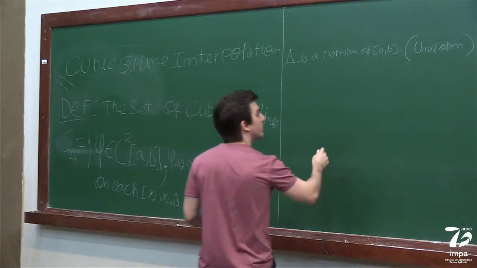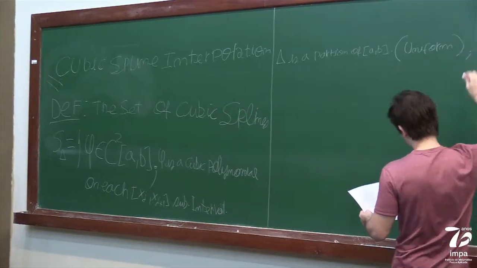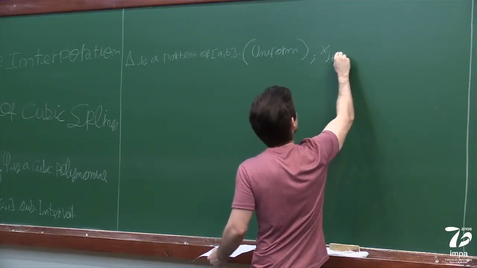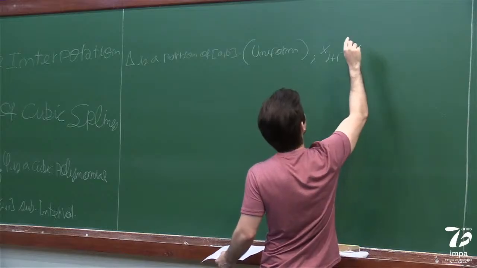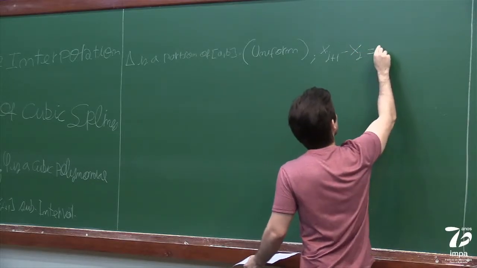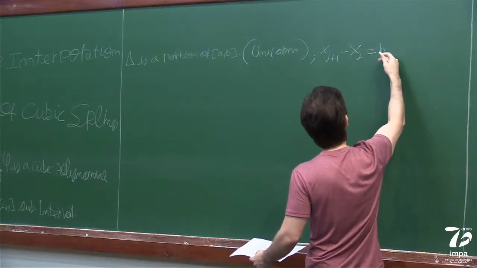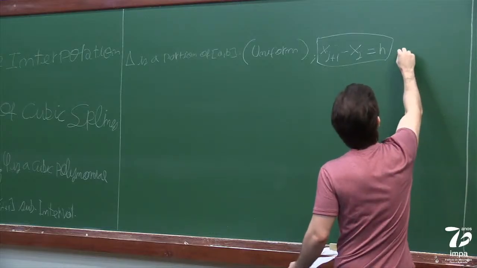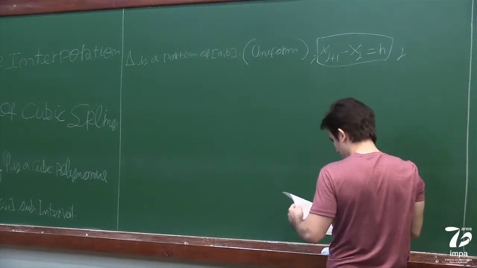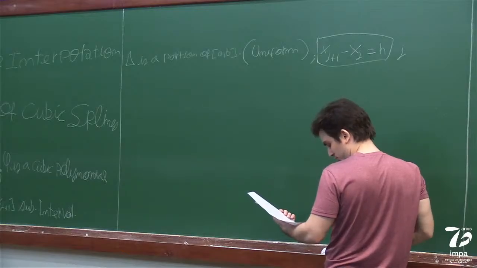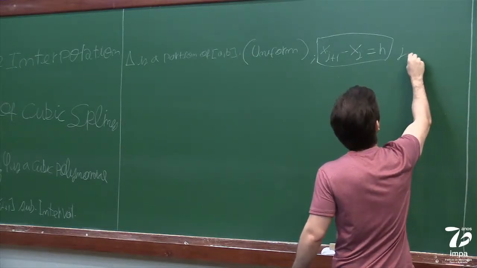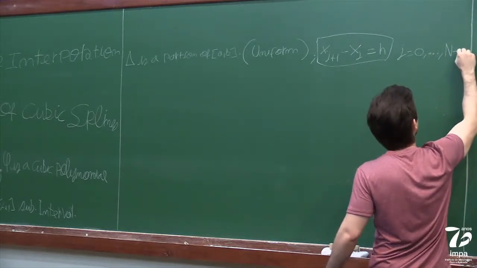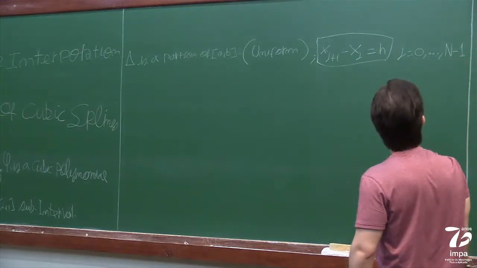Uniform, let's say xj plus 1 minus xj is always equal some given h, okay? So this is what it means by uniform. And j is varying between 0 until n minus 1. All right?